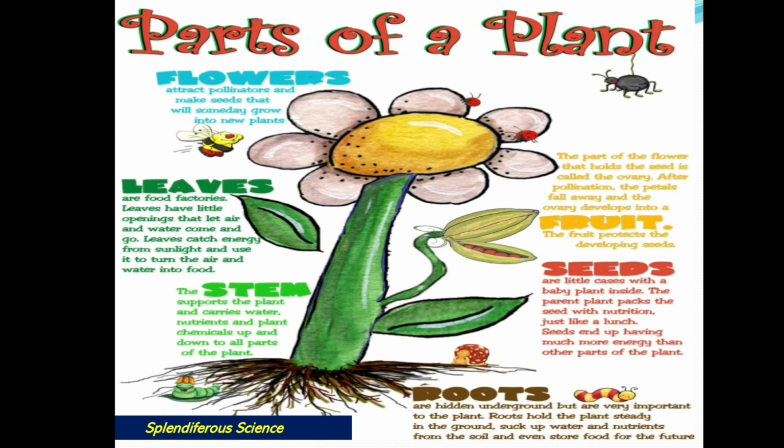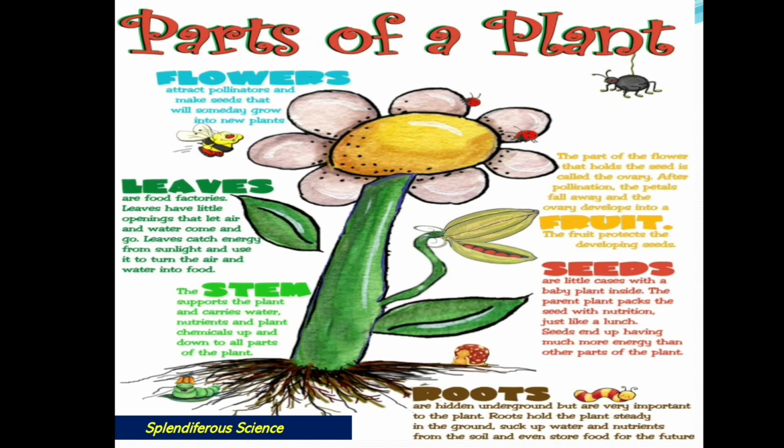Leaves have little openings that let air and water come and go. Leaves catch energy from sunlight and use it to turn the air and water into food. The stem is the basic structure: it supports the plant and carries water, nutrients, and plant chemicals up and down to all the parts of the plant.